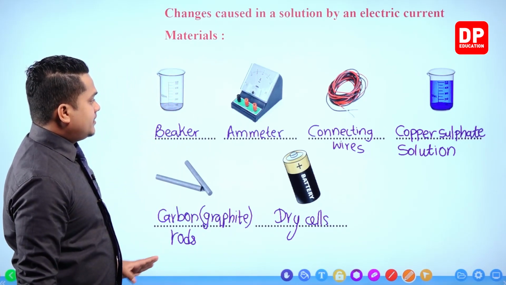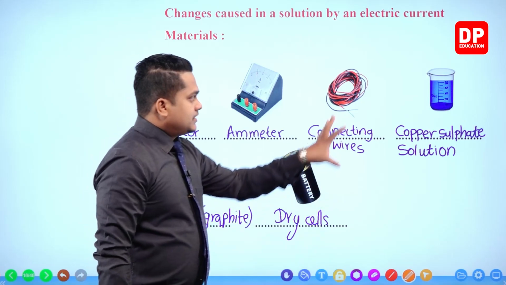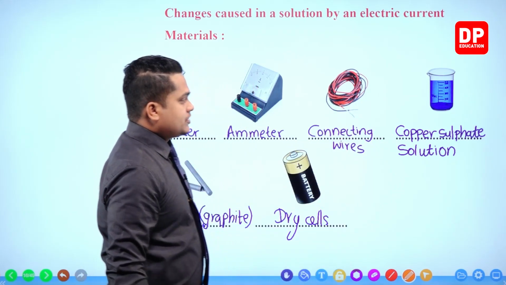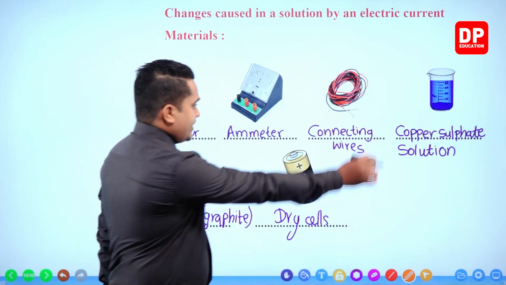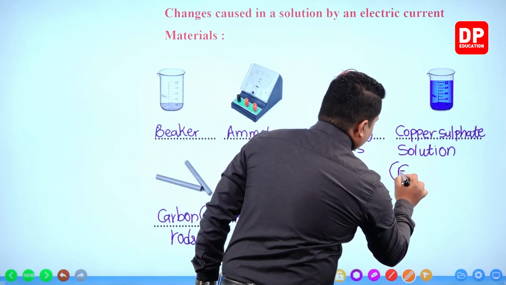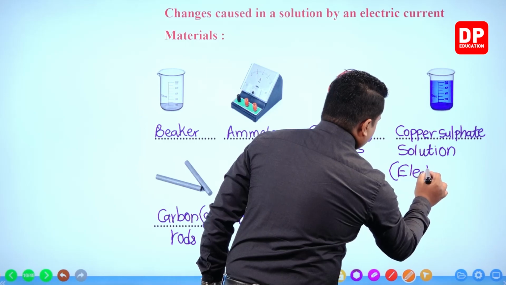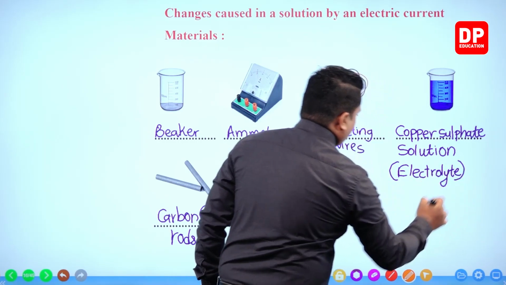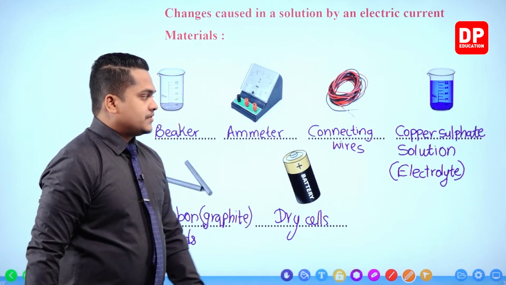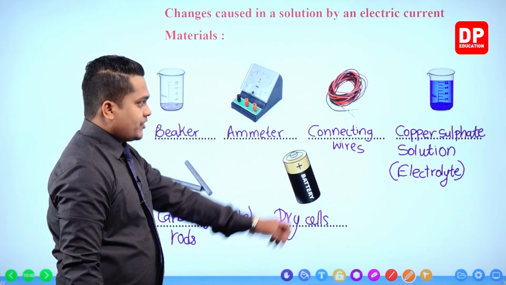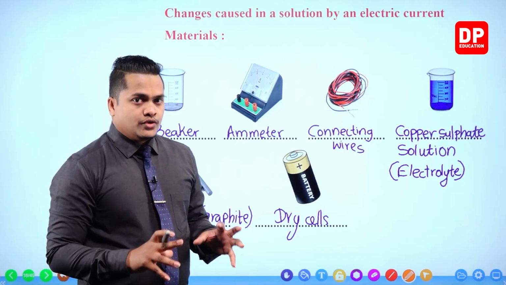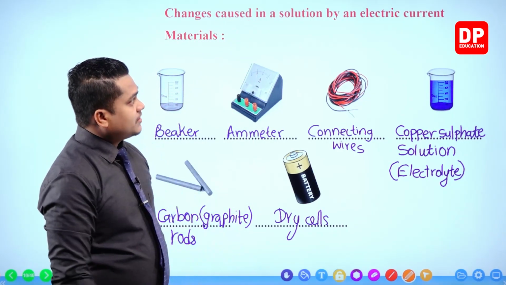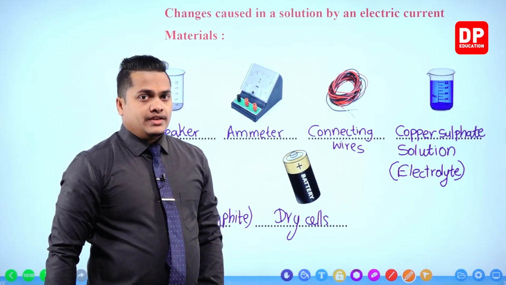We'll need a beaker, an ammeter, some connecting wires to connect the circuit, and a copper sulfate solution. This is our electrolyte, I'll write it as the electrolyte. We use that electrolyte to observe what kind of change is caused in the solution when providing electricity.